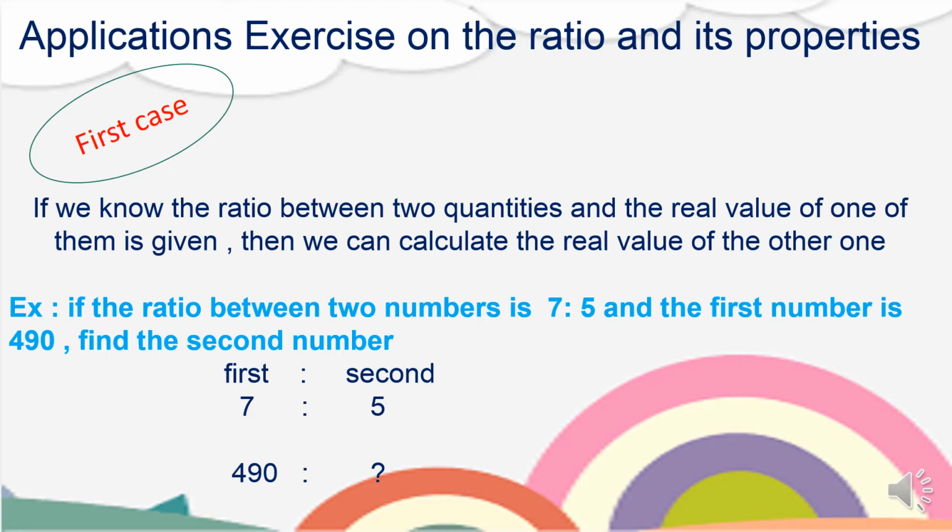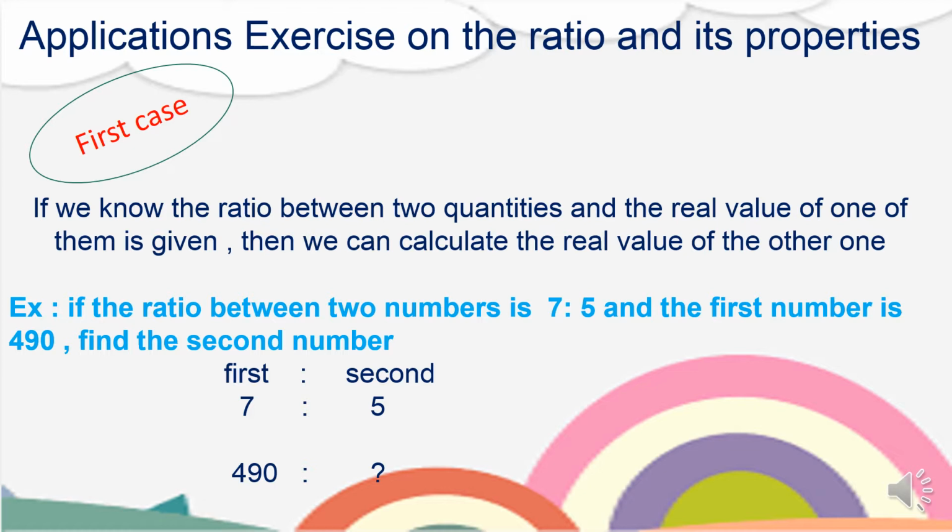So each one part is represented by what? To find the value of one part, I divide 490 by 7.